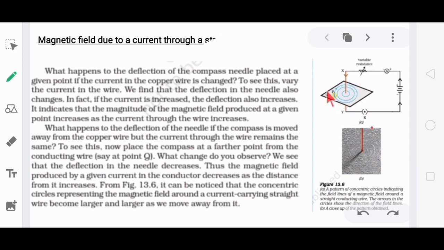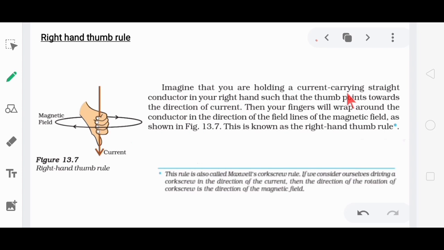This direction of magnetic field lines is represented by the right hand thumb rule, according to which if we hold a straight current-carrying wire in our right hand such that the thumb points towards the direction of current, the other fingers will wrap around the conductor in the direction of the magnetic field lines.